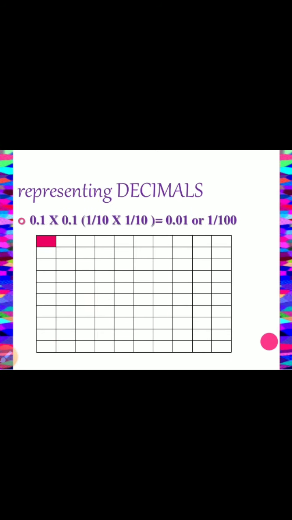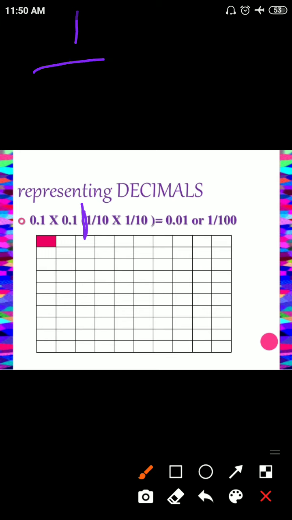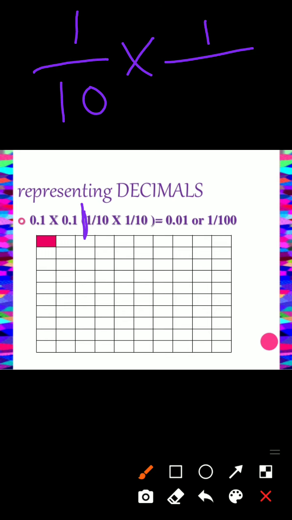Next is representing a decimal multiplication, 0.1 into 0.1. If you don't know how to multiply decimals, convert them. You can write 0.1 as 1 upon 10, and the other 0.1 is also 1 upon 10.